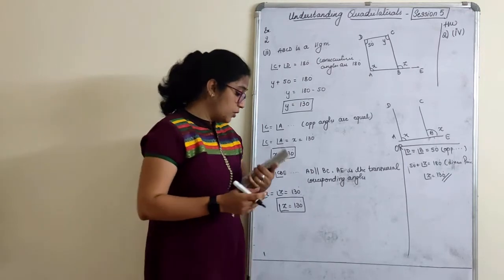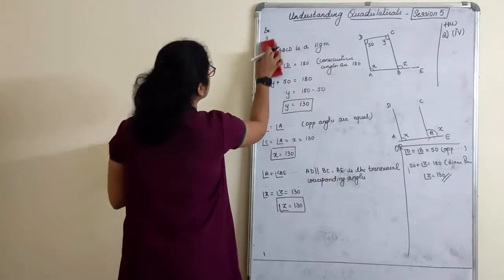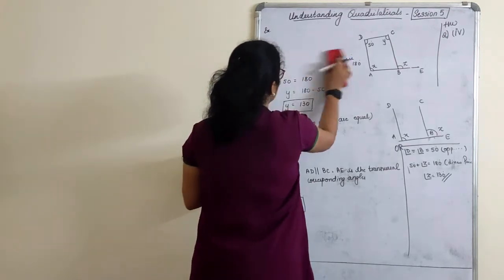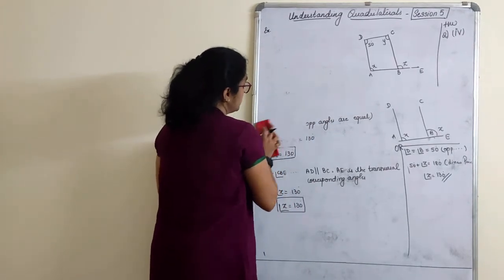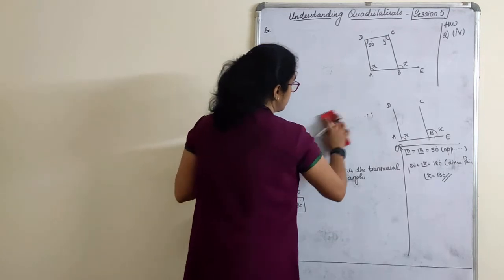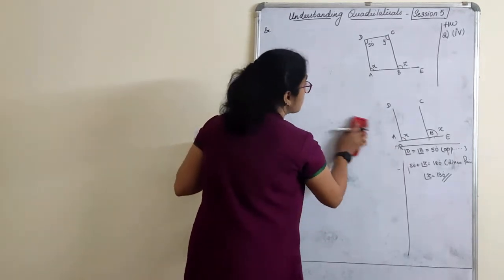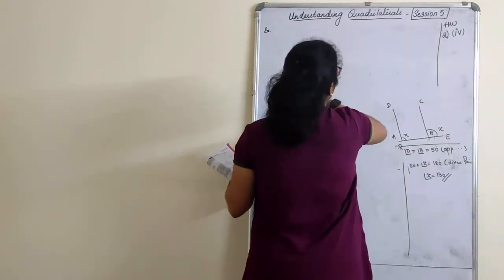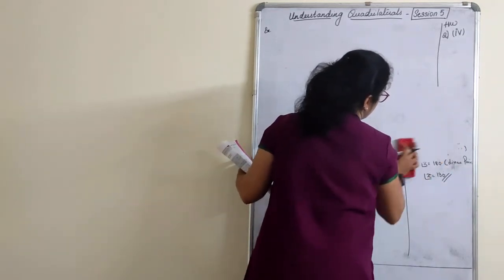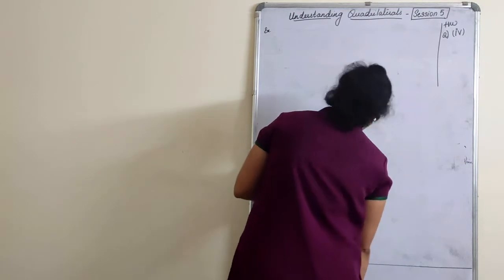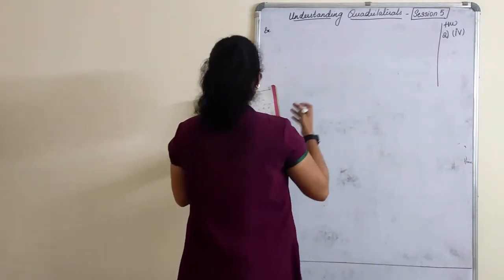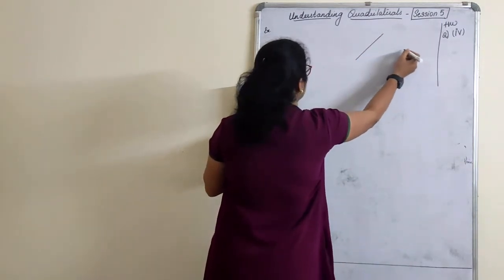So quickly we'll start with the third one. As I have told, everywhere the properties are used. So third one, that is also a parallelogram.